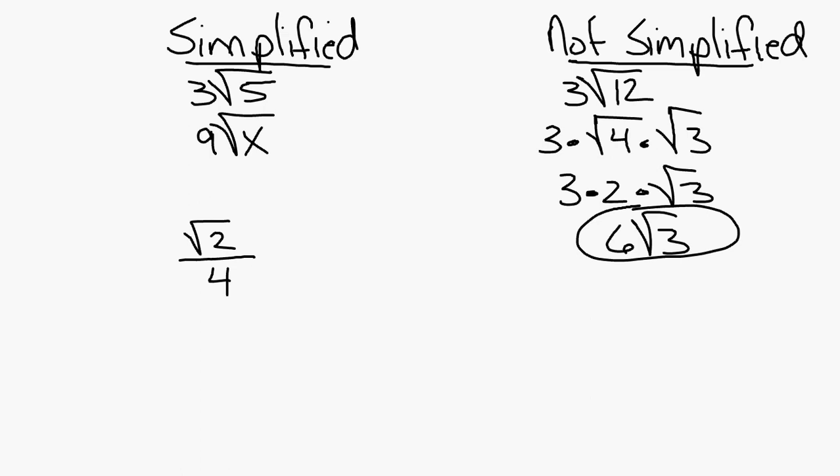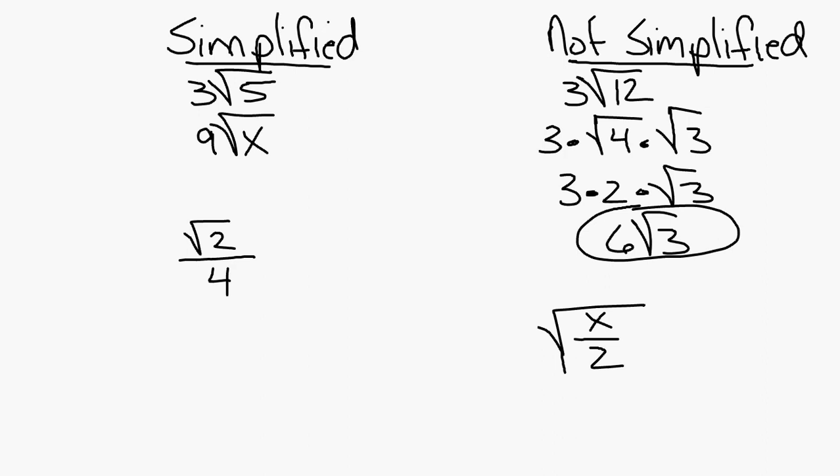The square root of x over 2. Why is that not simplified? Yes. Can't be a fraction under the radical. That's a fraction under the radical, isn't it? Okay? So that's not simplified.